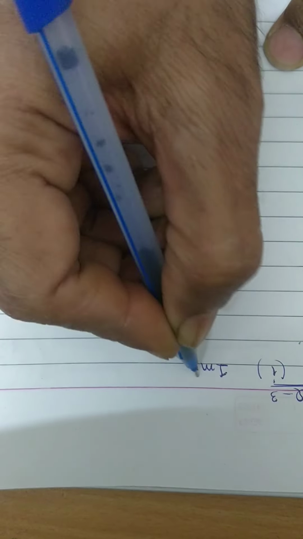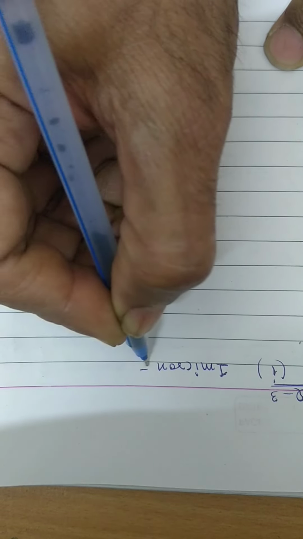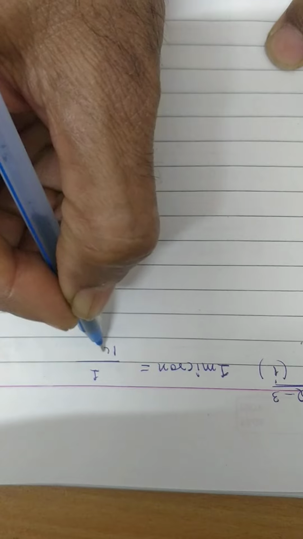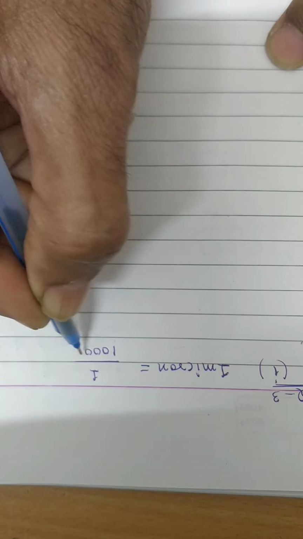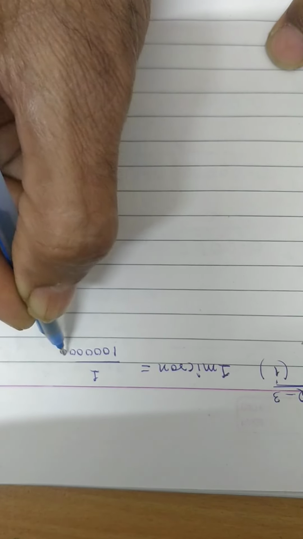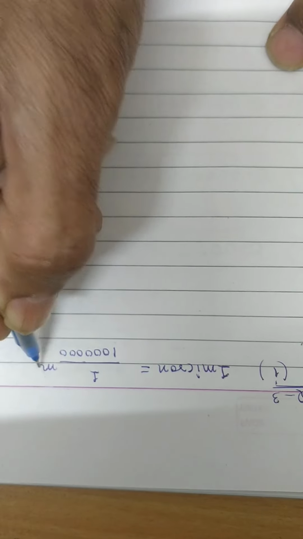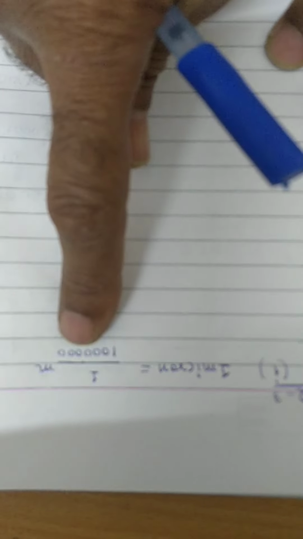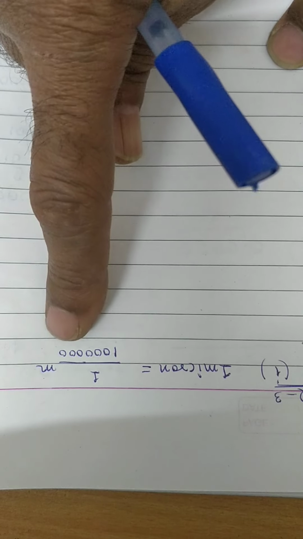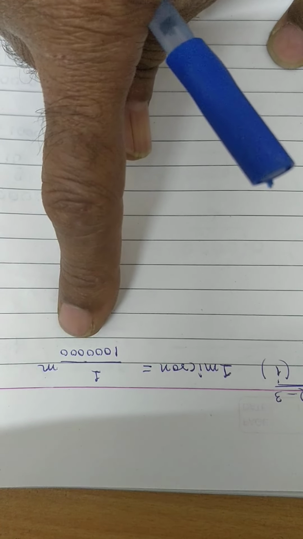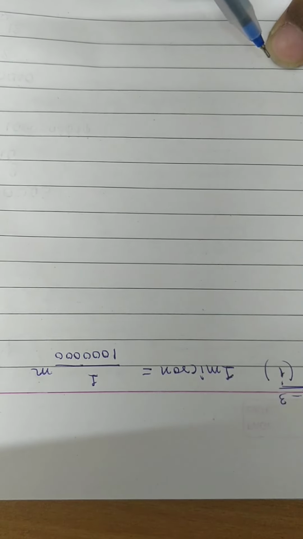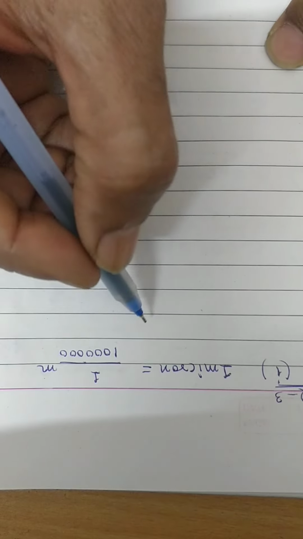1 micron is equal to 1 upon 1 followed by 6 zeros meter. So this should be converted into standard form.